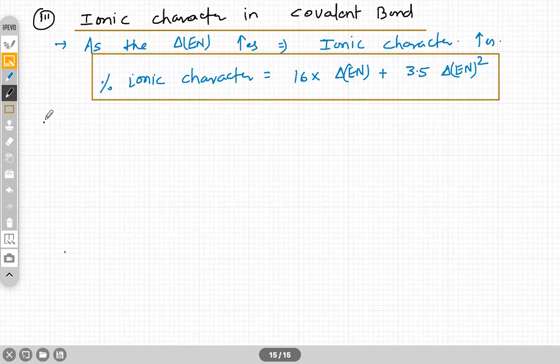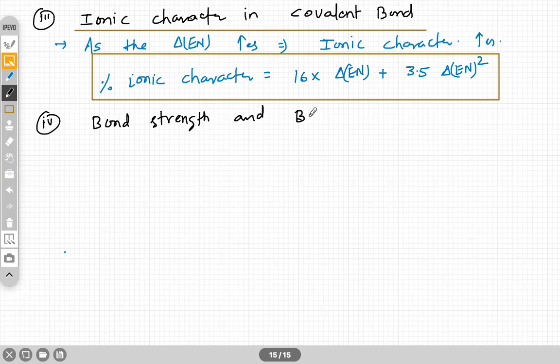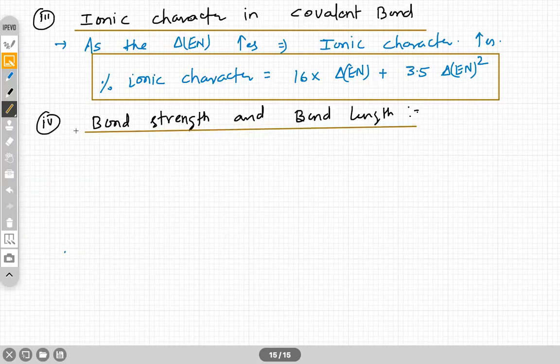Okay, fourth one we have bond strength and bond length. As the difference in electronegativity increases, bond strength increases.